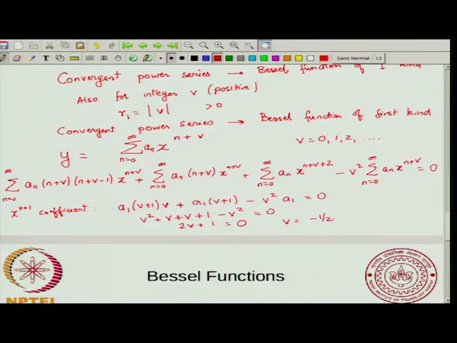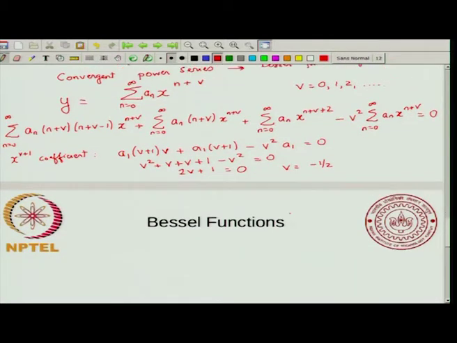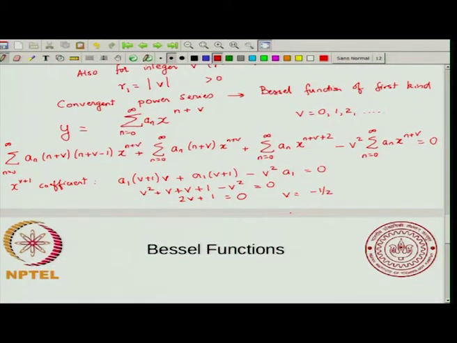This is the condition that you get by setting the x raised to v plus 1 coefficient to 0. Now you go back to this equation.